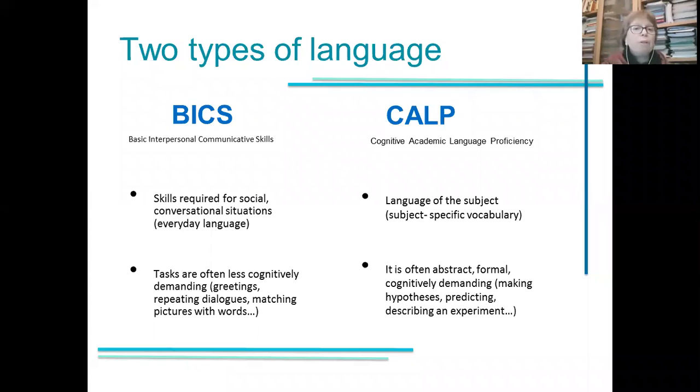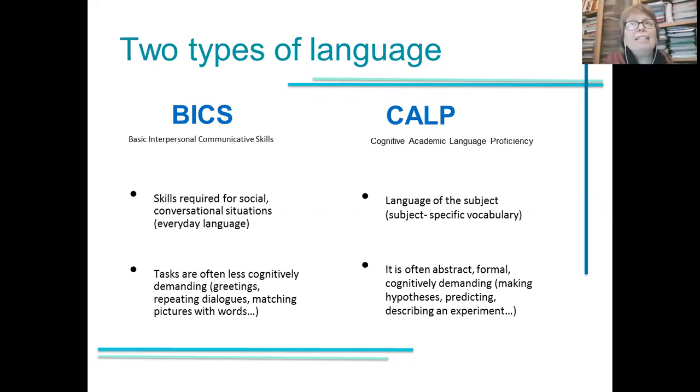For example, we teach our students greetings. We ask them to repeat dialogues. They have to match pictures with words. They have to listen and do, listen and color. So from the cognitive point of view, they are not very high level, and the language is more linked to everyday language for social interaction.